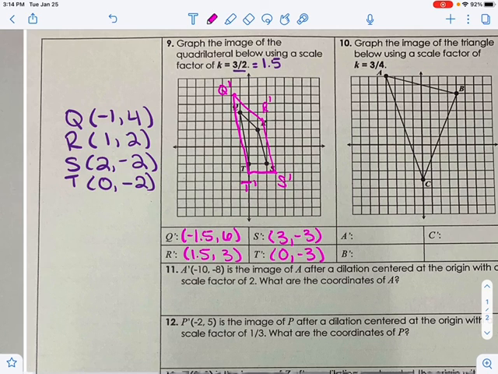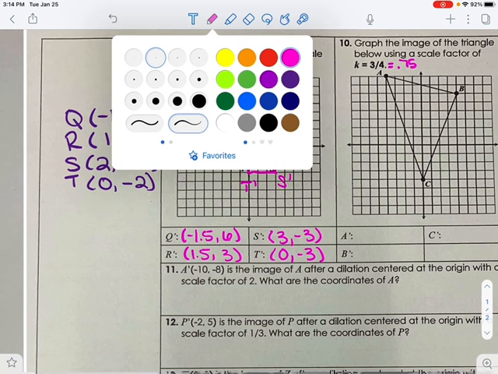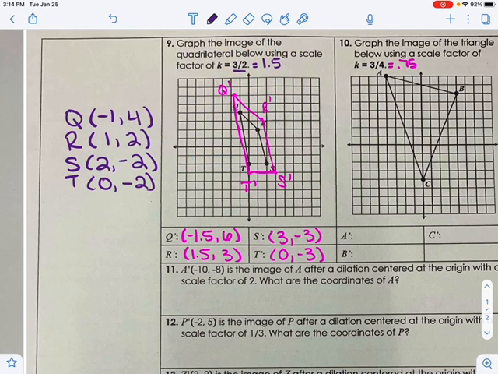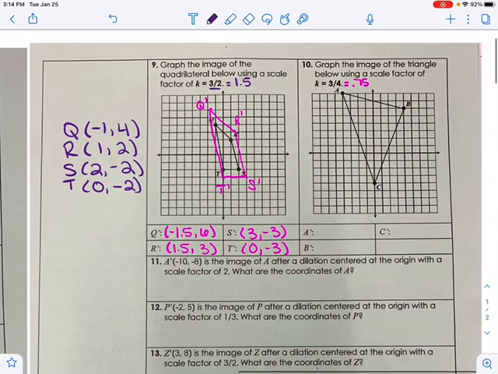And then in number 10, we're going to have something different. Our scale factor is 3/4 or 0.75, okay? So again, we are going to start by listing our coordinates. I'm just going to do it right here. Actually, you guys might be trimming that spot, so do it right here. A is at (-4, 10).